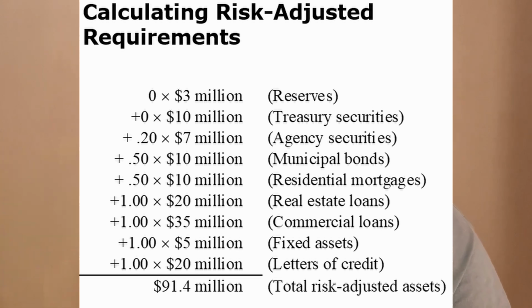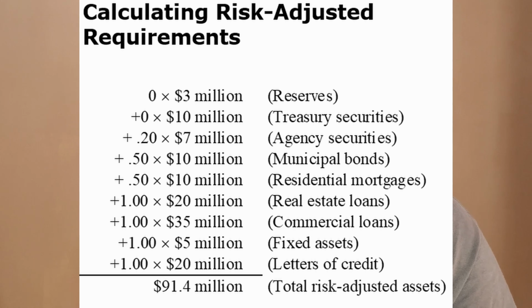Now back to the example I showed earlier, coming in contact with all of the figures. When you look at it, 0 times 3 million is going to be 0, 0 times 10 million is going to be 0, and so on as you do the calculation. So 0.20 of 7 million, 0.50 of 10 million, and that's how they weight each asset. Even though they might have 7 million in agency securities, only 20% of that you might risk losing.